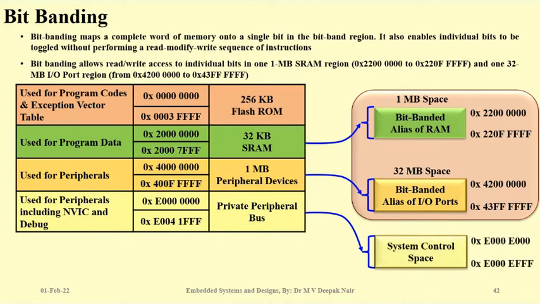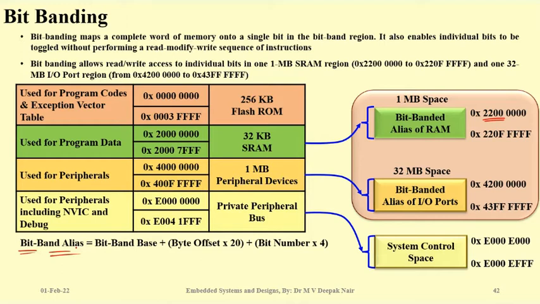Now the question is, what is the equation to find out that this memory region is mapped to an alternate memory region? The bit band alias region; alias means a second name.